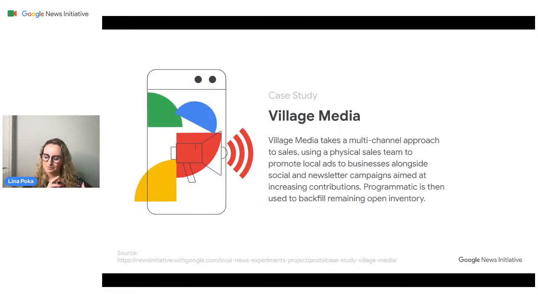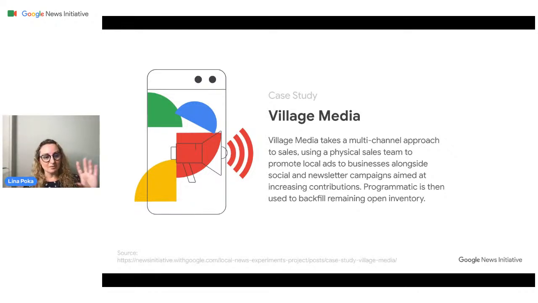Alongside the people side, they have their newsletter campaigns that help increase those overall contributions, and that's 4% of their overall business. Now, that third component, programmatic, is used to backfill the remaining inventory, and that accounts for 22% of the revenue.